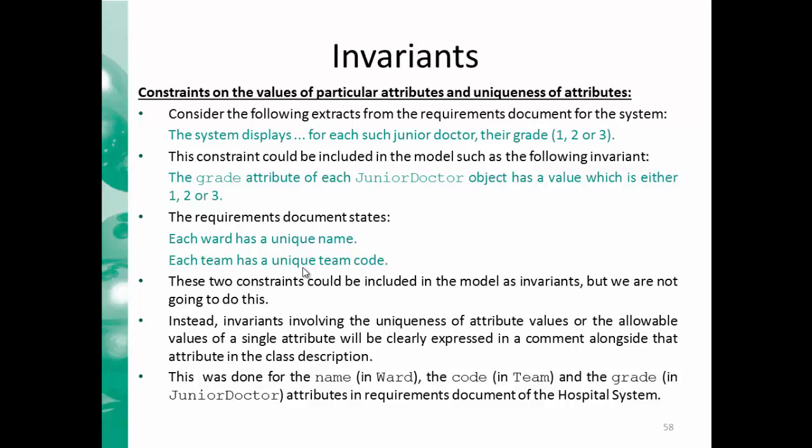The grade attribute of a junior doctor object has a value which is either 1, 2, or 3. So we put a constraint condition on the grade attribute, and it can be only 1, 2, or 3. This is an invariant on the attribute grade of the class junior doctor.